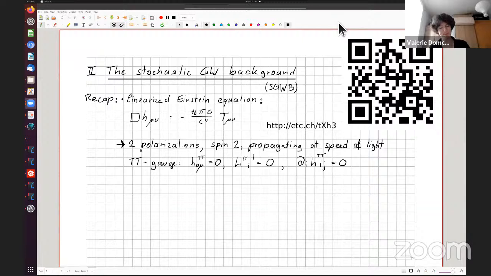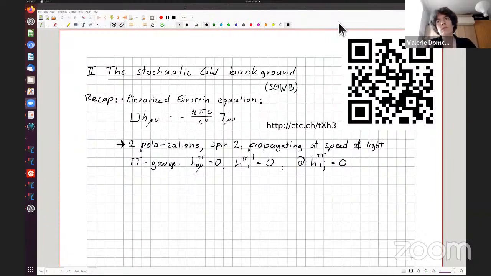Okay, thank you. So maybe to start, let me briefly recap what we discussed in the previous lecture. We talked about the linearized Einstein equation. We started from the general relativity equations of motion, Einstein's equation. We expanded the metric as a flat background component and a small perturbation.